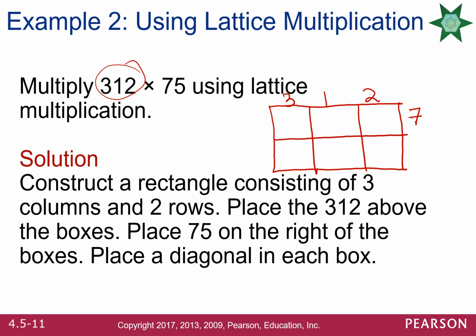So 7 and 5, that will represent the rows. And then we have to divide each cell, each individual rectangle, into 2 parts by drawing a diagonal. So let's do that here. Each of these boxes will be further divided into 2 or partitioned into 2 with a diagonal from the left to the right.